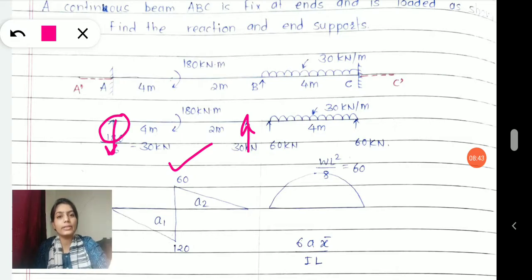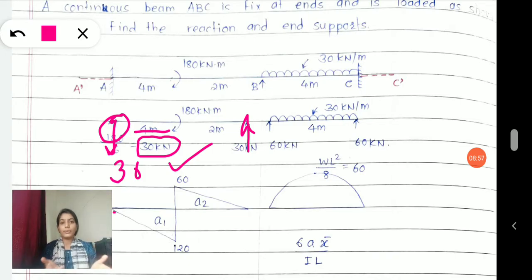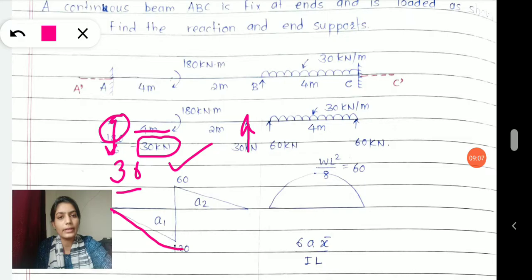How will you proceed? From A you will take this 30 kilonewton force into perpendicular distance 4. At a simple support, we all know the bending moment will be 0. Moving ahead, we will take this 30 kilonewton into 40. 30 into 40, how much? 120.